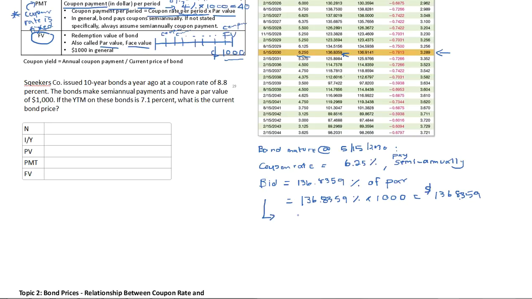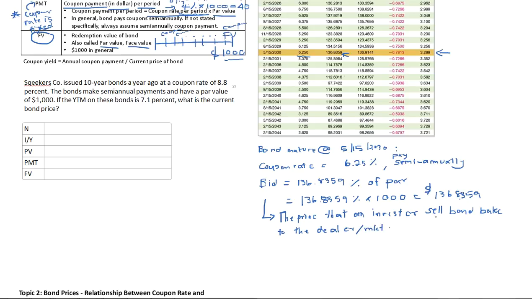The bid price is the price at which an investor sells a bond back to the dealer or the market.